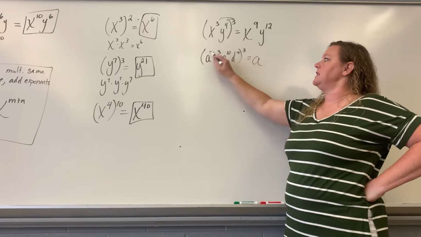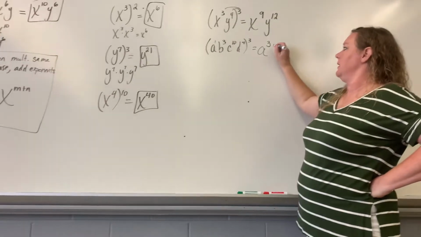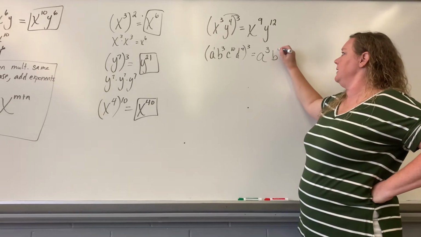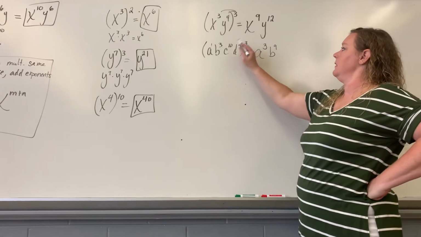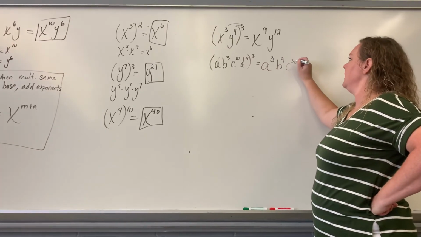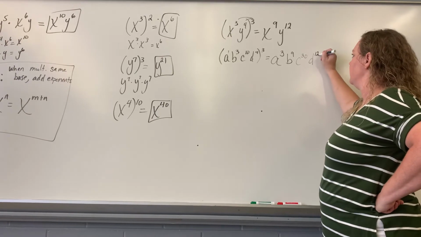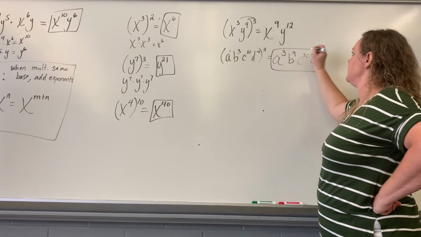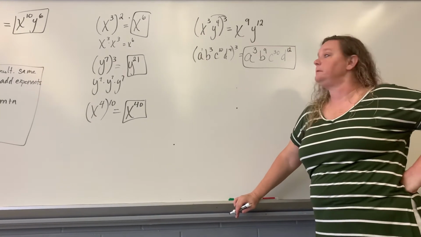So what is 1 times 3? Power to a power, you multiply. 3. And what's 3 times 3? 9. And what's 3 times 10? 30. So c to the 30th. d to the 4 times 3 is 12. Now that looks kind of like a ridiculous answer, doesn't it? But it is the correct answer for that, okay?